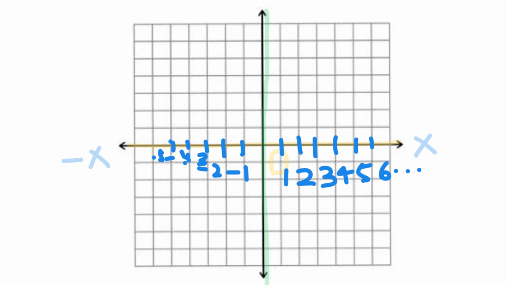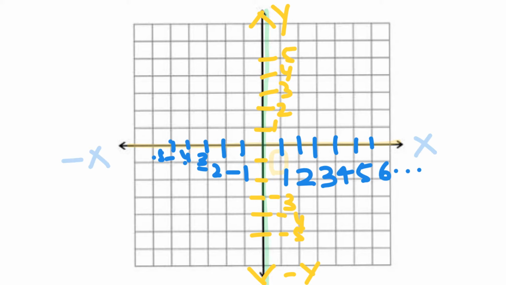On the top we have the y-axis, the vertical axis, and at the bottom we have minus y. Similarly to the x-axis we have 1, 2, 3, 4, 5, and in minus y we have minus 1, minus 2, minus 3, minus 4, minus 5 and so on.